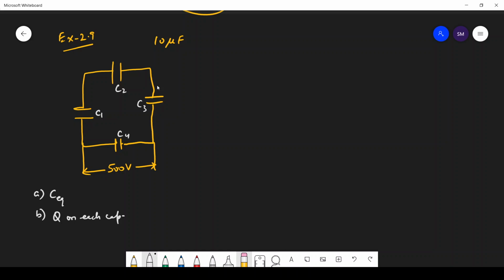The charge is plus Q and minus Q on this plate, then minus Q and plus Q on this plate, then plus Q and minus Q on this plate, and on this plate it's minus Q dash, and on this plate it's plus Q dash.